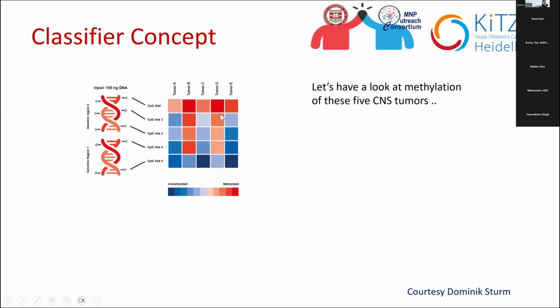And then if you look at the methylation of them, assuming that methylated is marked with red and unmethylated is marked with blue, and please keep in mind that methylation is either yes or no, so it's either 1 or a 0. But why we have here a spectrum of color with different shades of blue and different shades of red is simply because we're talking here about bulk tumor data.